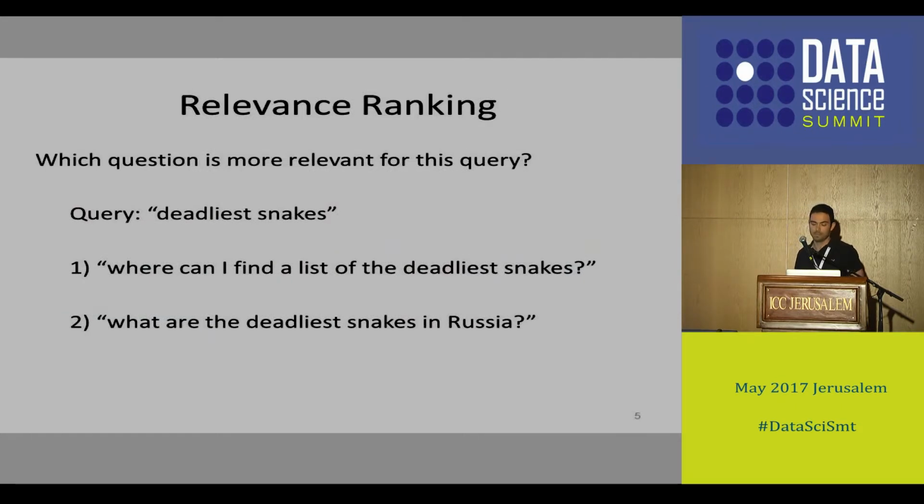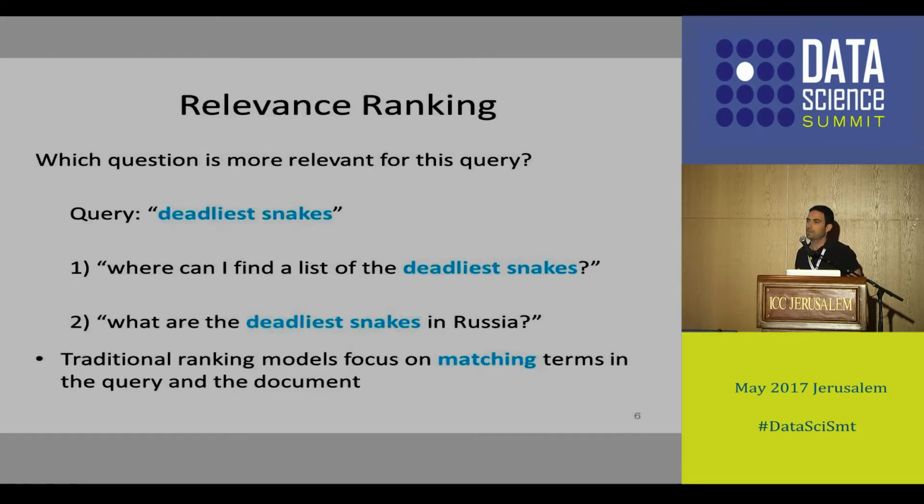So, focusing on the ranking, which of the two questions here seems more relevant to the query "deadliest snakes"? Traditional ranking models like BM25 or even modern learning to rank algorithms typically focus only on the matching terms between the query and the documents, like the terms "deadliest snakes" that we see here, that both questions match.